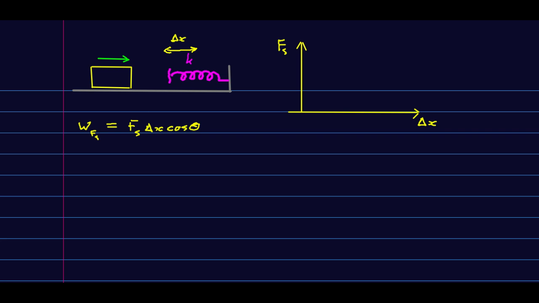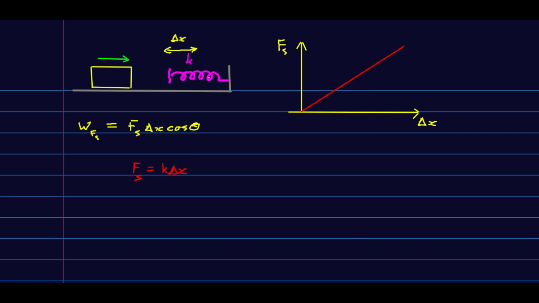Okay, but the problem is this F_s is changing. F_s is, and I haven't put a vector symbol, so this is just a magnitude, k delta x. Okay, so that is a straight line on the graph like so.